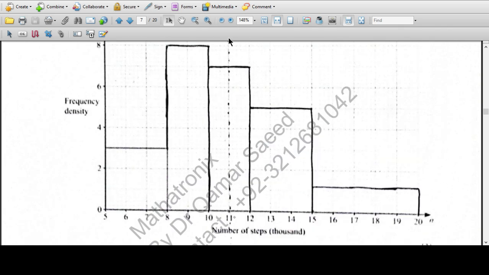Here we have a dividing line at 11,000 steps, and she cannot walk more than 11,000 in this range for some reason. So we will calculate the band she covers, after 11,000, divided by the total area.